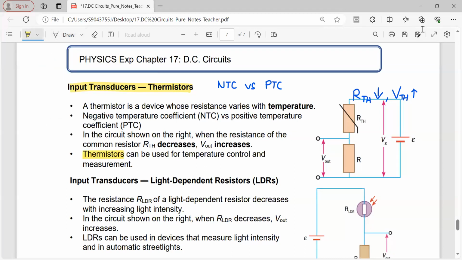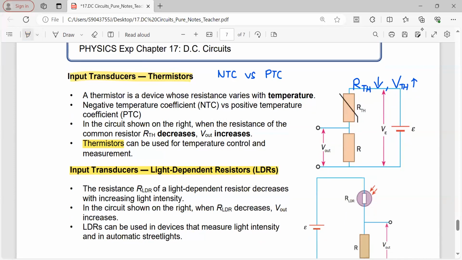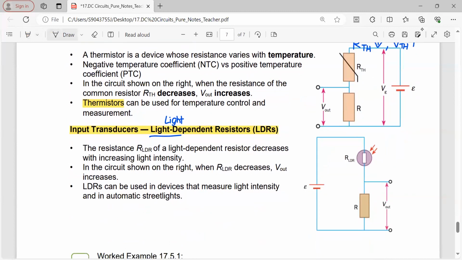Next, we look at the input transducers for LDR, which is light-dependent resistors. Like the name suggests, for the word thermistor, it is temperature dependent. LDR, light. Visible light. For LDR, the resistance decreases when the light intensity increases.